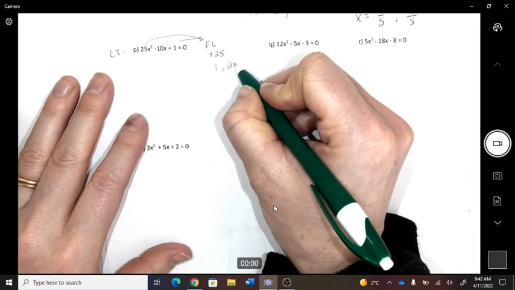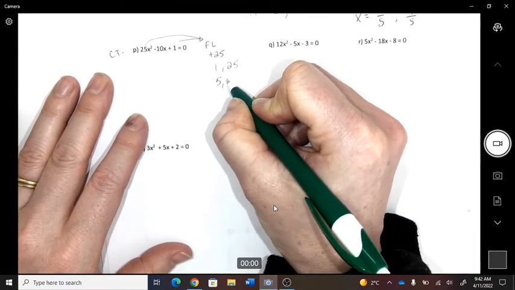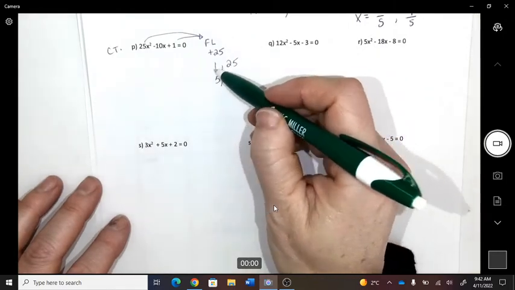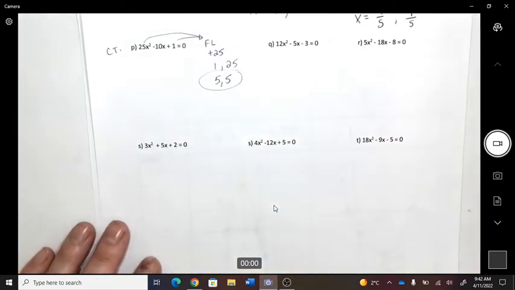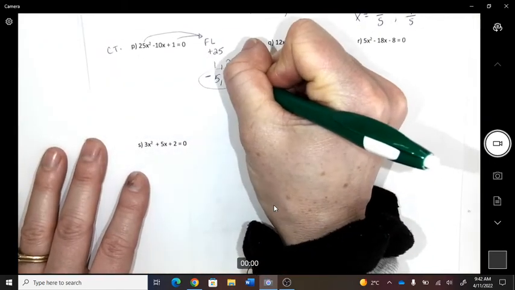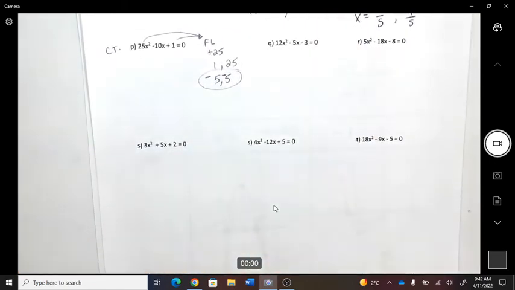I could do 1 times 25 or 5 times 5, and that's it. Okay, so I think this set, because I need a -10. So -5, -5, we'll do the 25, multiply, and add to -10.